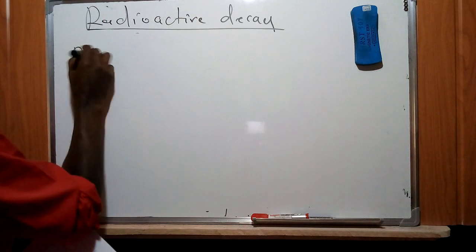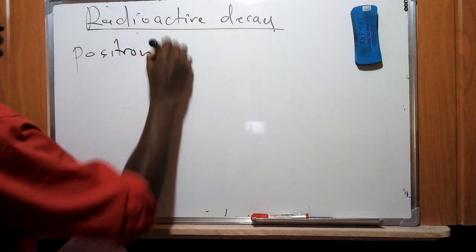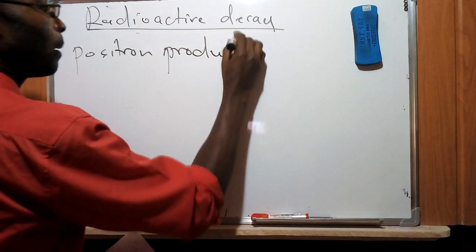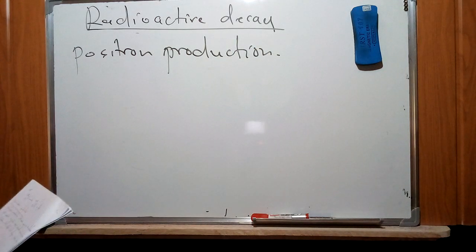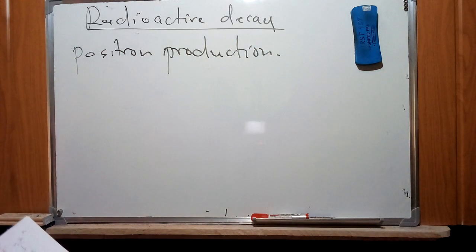So we have positron production as one of the decay processes that occurs. In this case, as we've said, particles with the same mass as an electron but with a positive charge, which we refer to as a positron, are formed. And the net effect is to change a proton to a neutron.